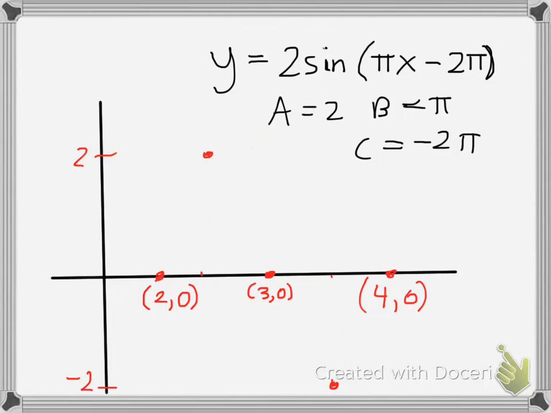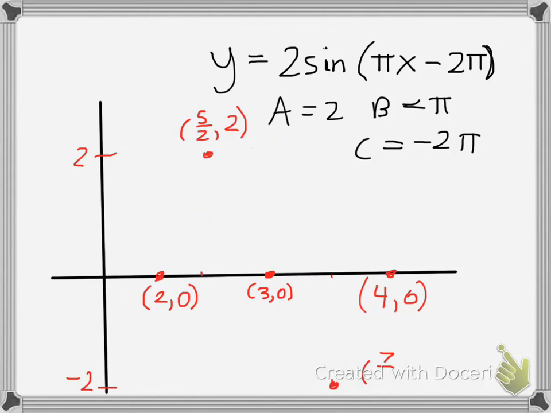So that means, what's the halfway point between 2 and 3? Because that's what the x coordinate will be. Well, the halfway point between 2 and 3 is 2.5 or 5 halves. And then it goes 2 units above the x-axis, so it's (5/2, 2). And then over here, what's between 3 and 4?